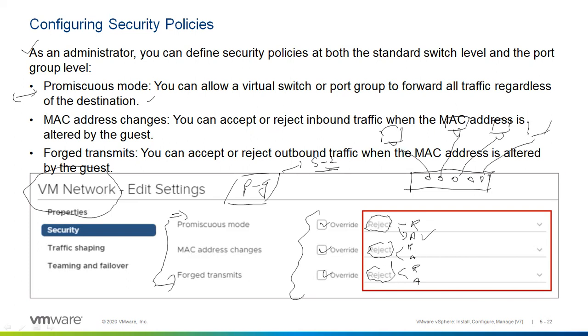If promiscuous mode is accept, it means whenever any traffic comes to any of the machines, probably from outside, some traffic is coming for this machine one. There is some ping, RDP, SSH, HTTP, HTTPS, any request coming. If this mode is accept, what it will do? Definitely this will go to my virtual switch. It will try to find out the target machine.